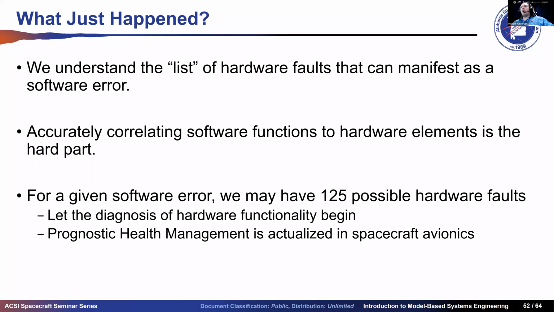If we do this for all of our hardware in the spacecraft, if we understand all of the different transistors, all of the different capacitors, what their software functions are, what software functions are linked to which hardware, and we know the possible ways the hardware could fail based on the environment that the spacecraft is in, we know that if a software error manifests, here are the 25 different things that could have gone wrong automatically if we use ontologies to do this.